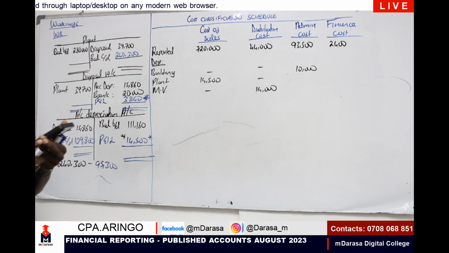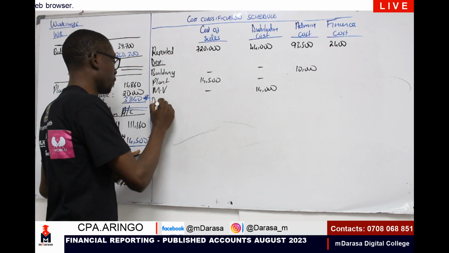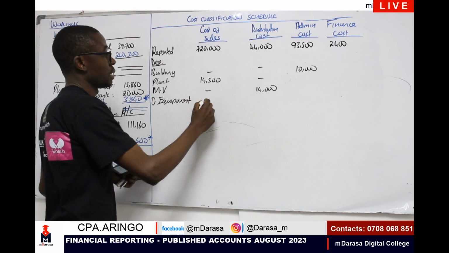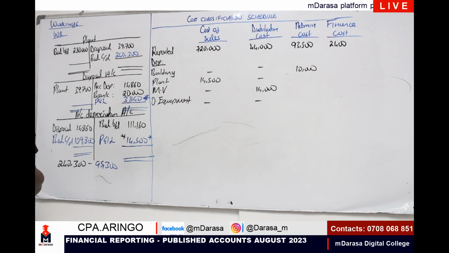What else did we have? Office equipment, 12.5%, straight line, that is administrative. That will be a value of how much?